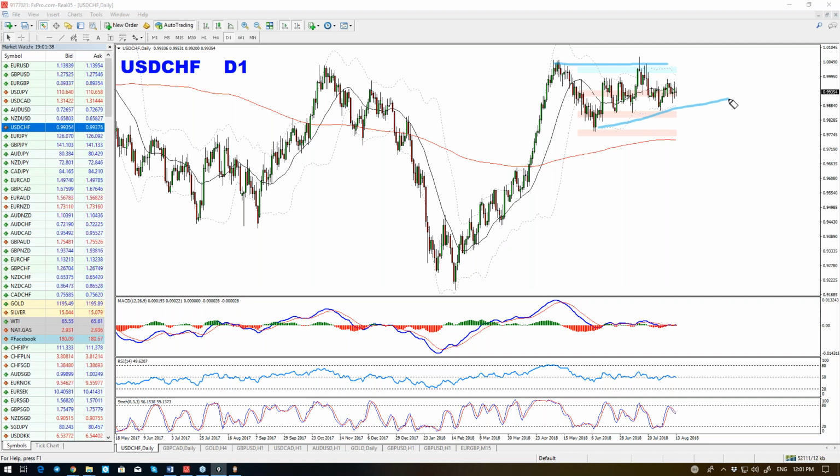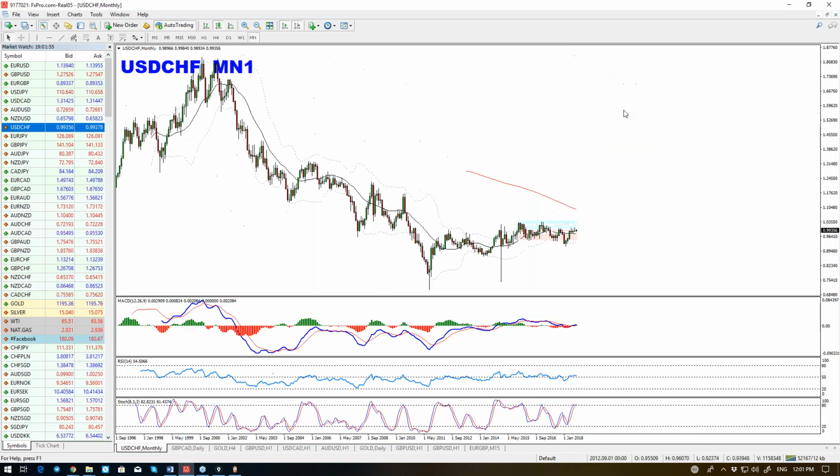No cycles involved. Well, we can say this is a triple, definitely, or special. But from weekly, we don't have any cycles involved. So according to daily, we are for sells. According to higher, we are for buys.